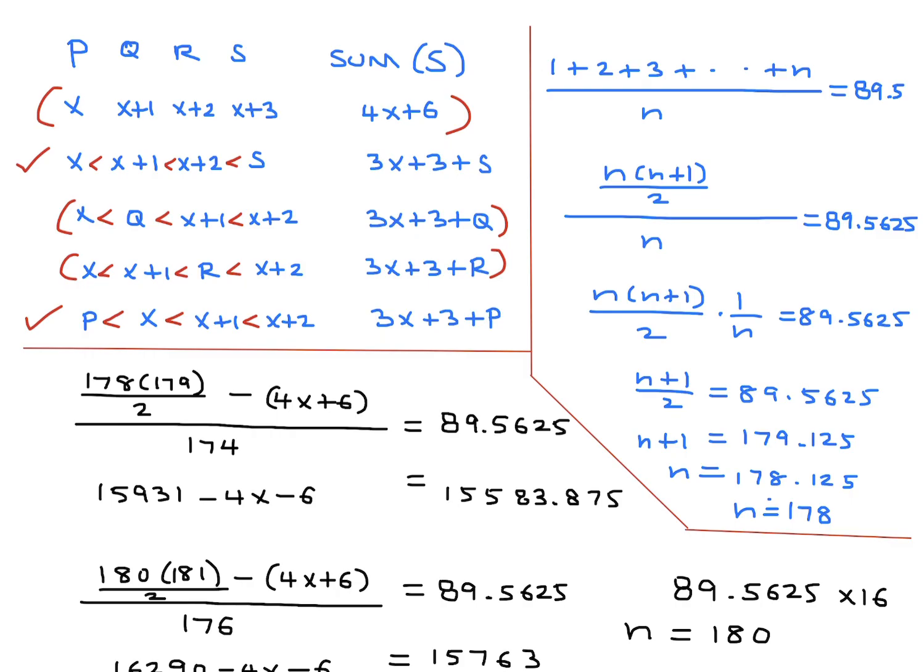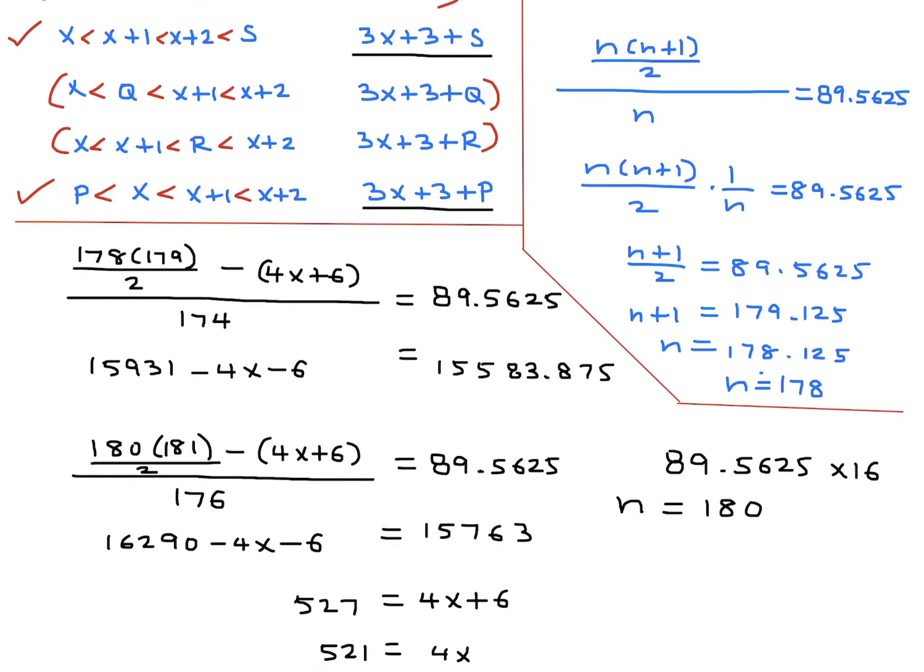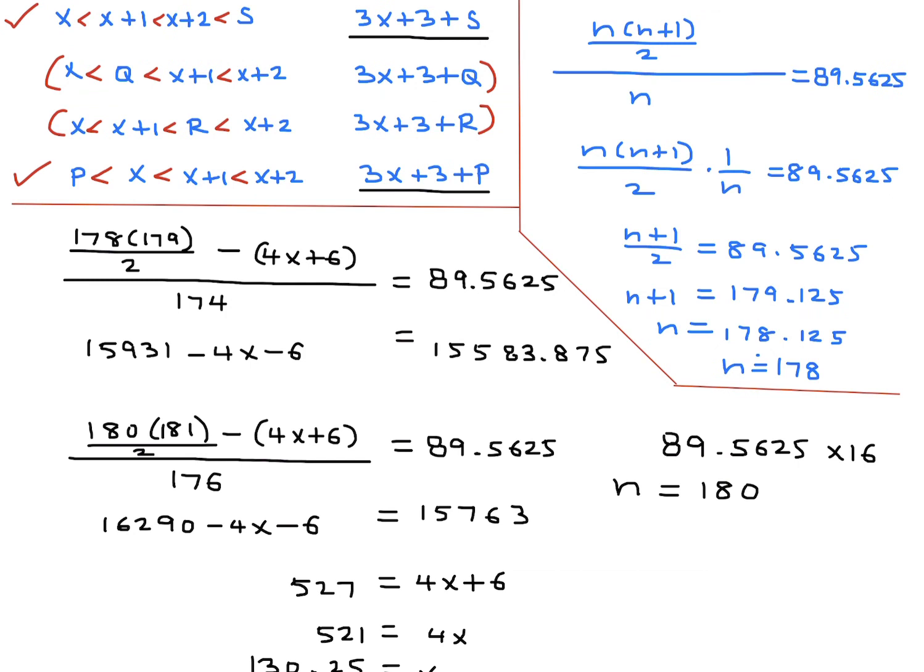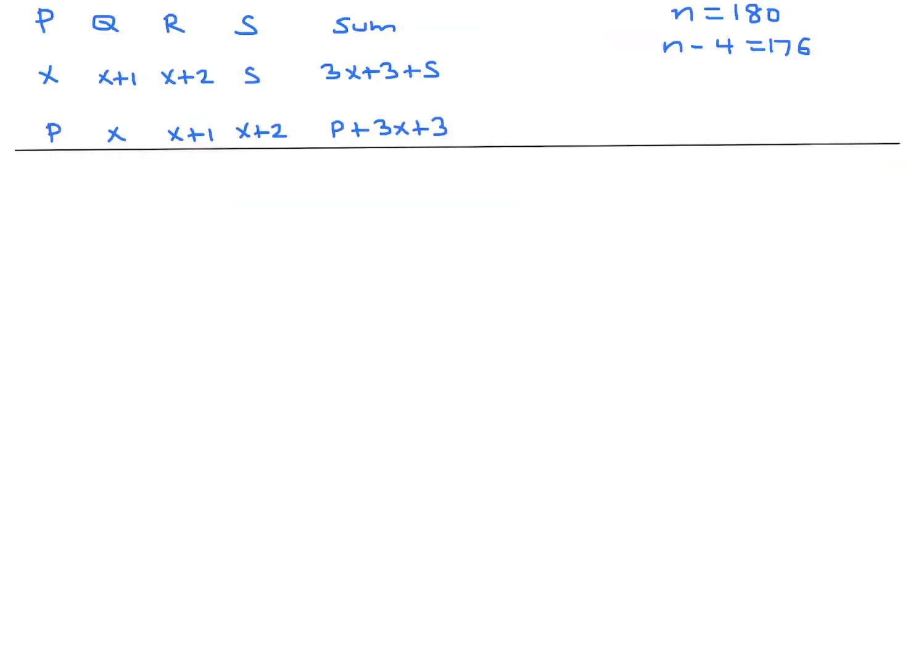Well, not a problem. That just means I have to concentrate on this scenario and this scenario. Okay, so let's do that. Let's concentrate on those two, but with my n equals 180. So we have already shown that we can only deal with these two scenarios. So let's start.